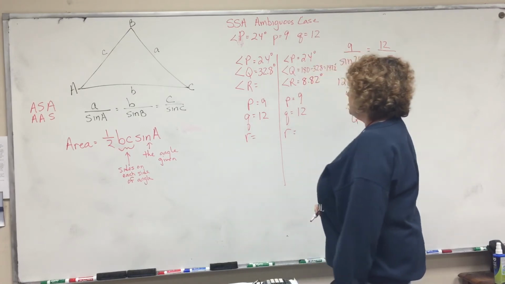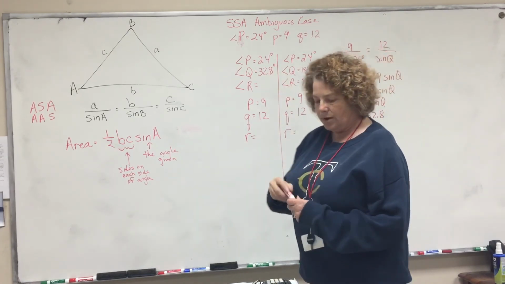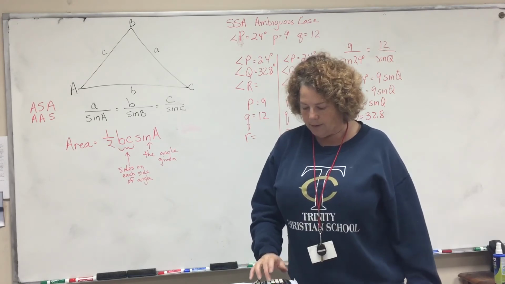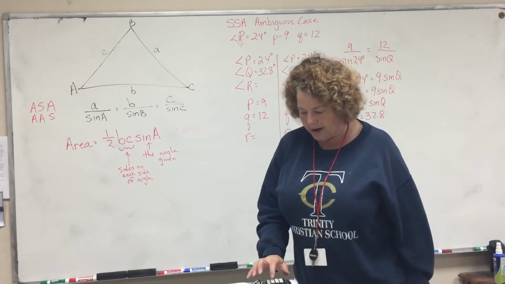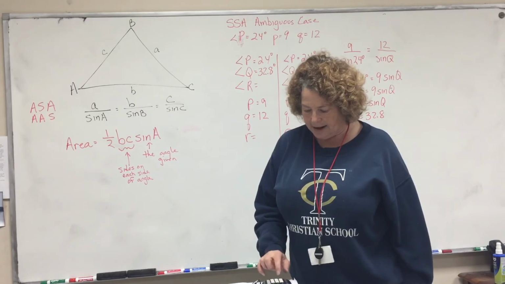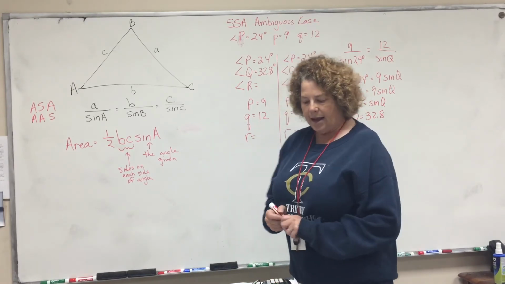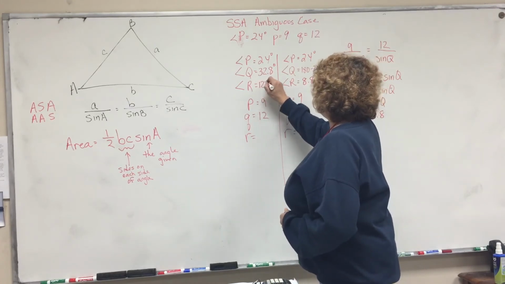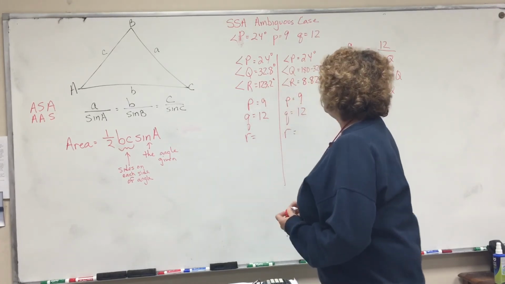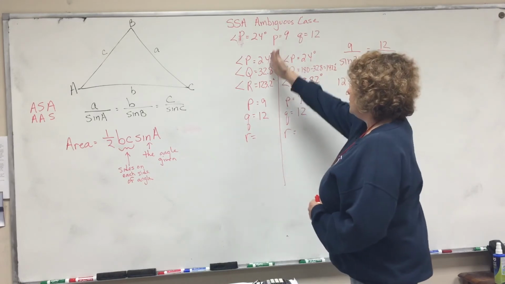Very tiny angle, R is. Now let's do this one. 24 plus 32.8, and then I do 180 minus that, and I get 123.2. And that's obtuse.